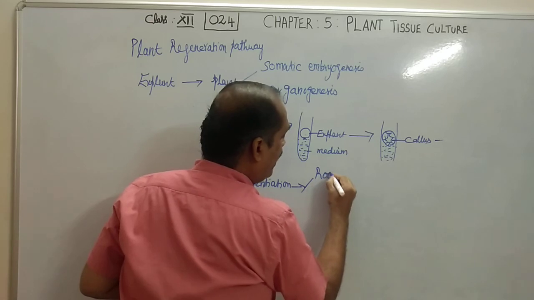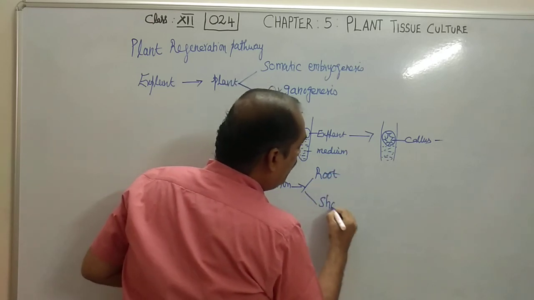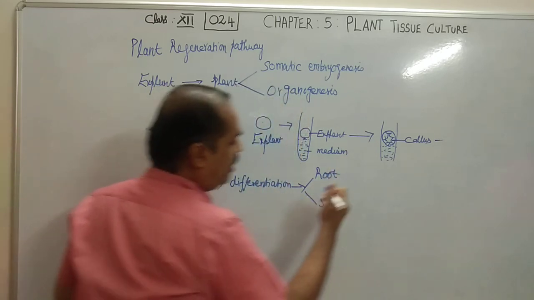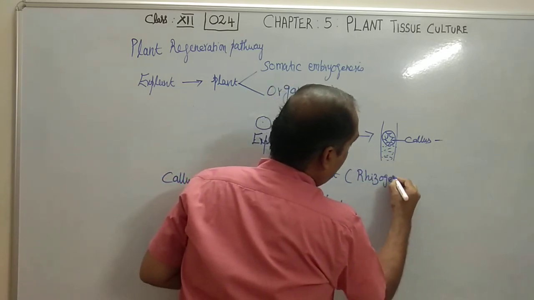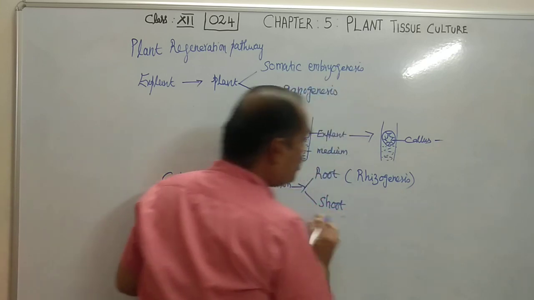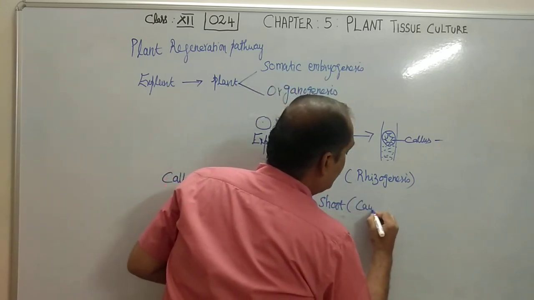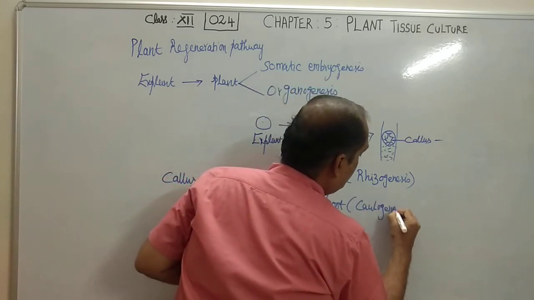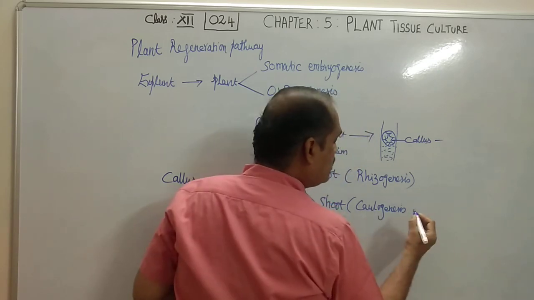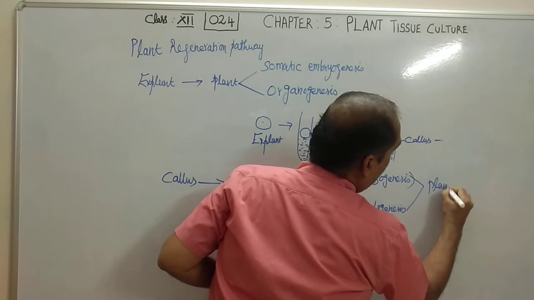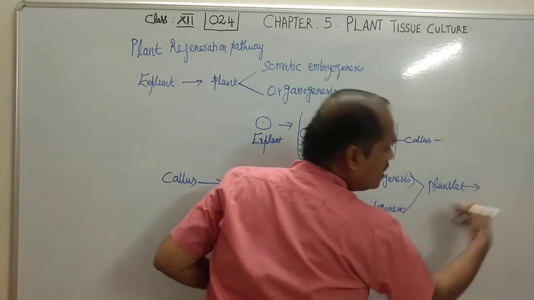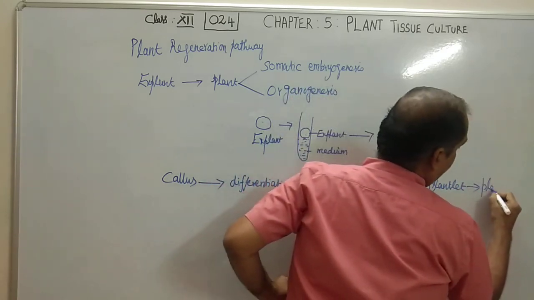One is root, another one is shoot. The formation of the root is called rhizogenesis, and the formation of shoot is called caulogenesis. As a result, a new plantlet will be produced, and this plantlet will develop into a plant.